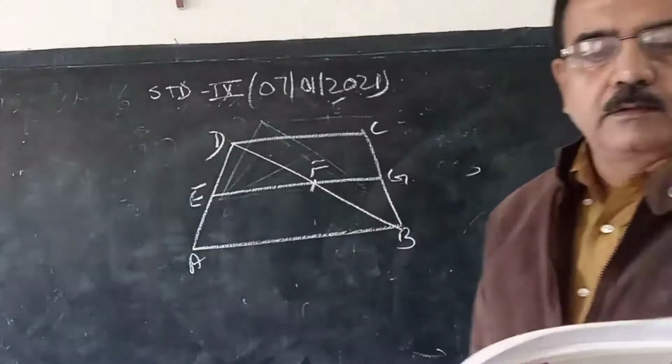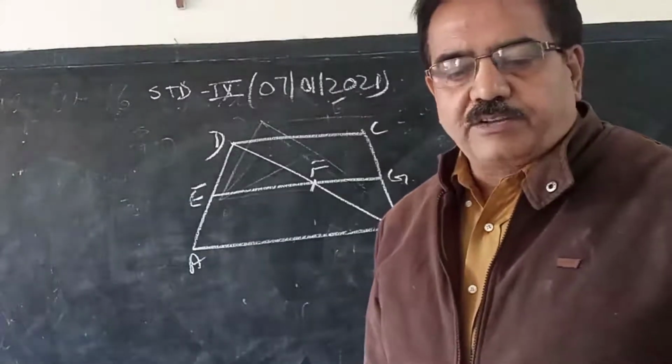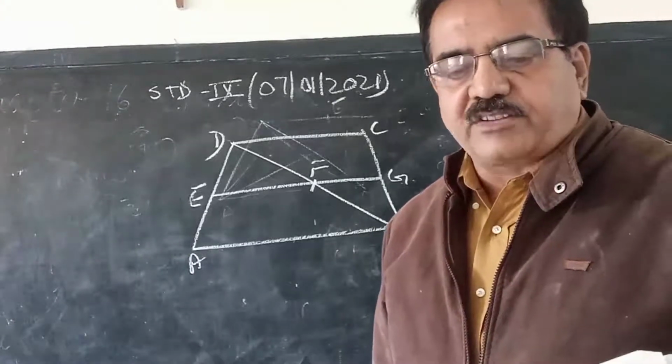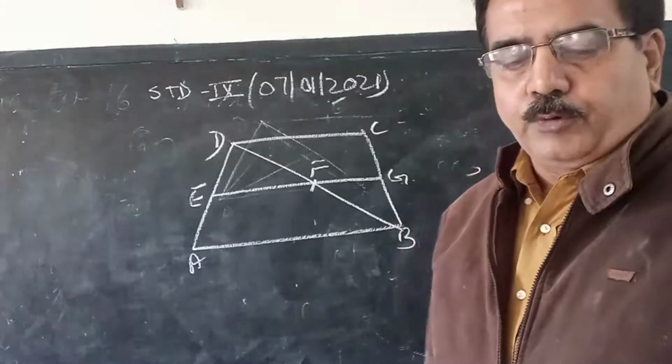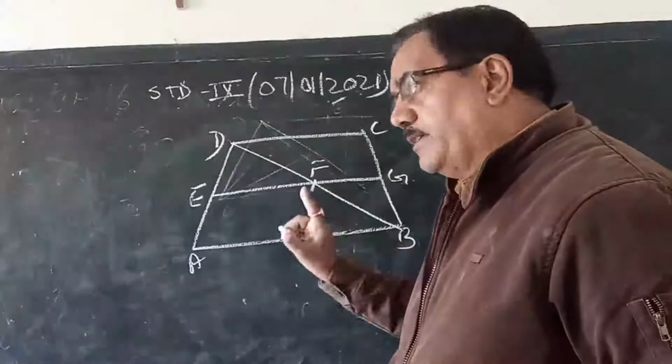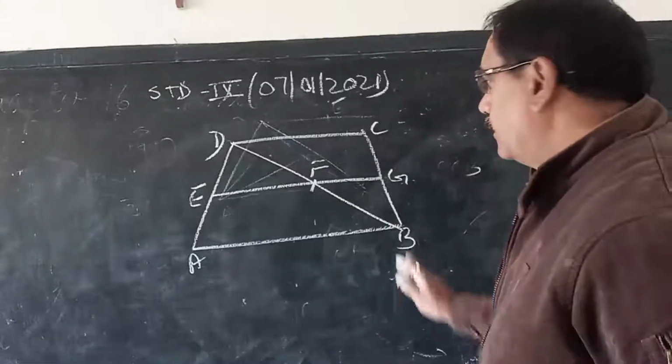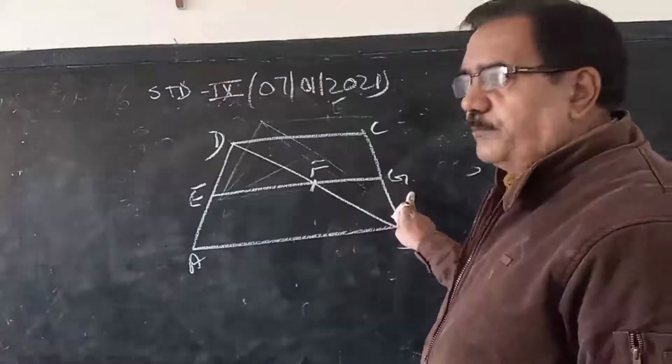In the quadrilateral, AB is parallel to DC. E and F are the midpoints of the sides AD and BD. You have to prove that G is the midpoint of BC. So we have to prove G is the midpoint.